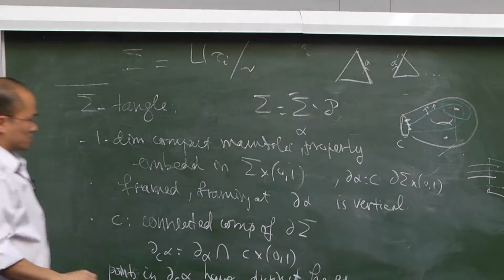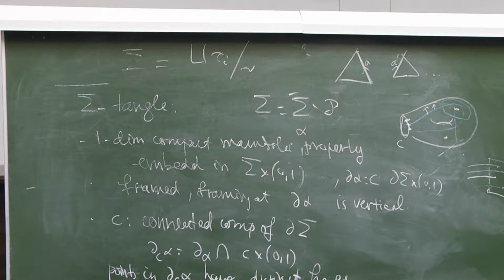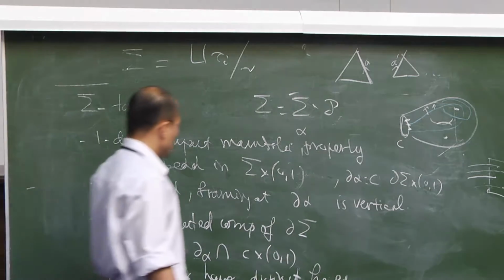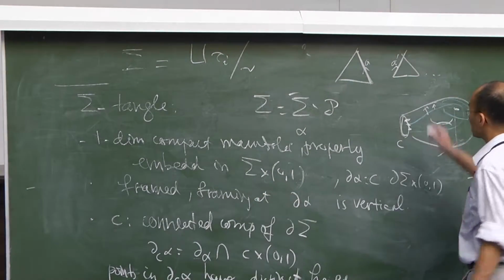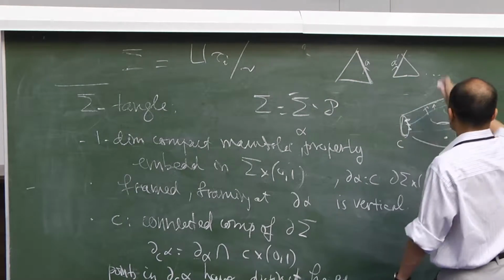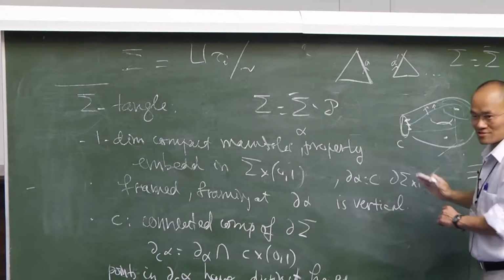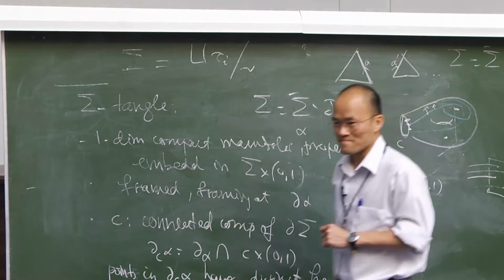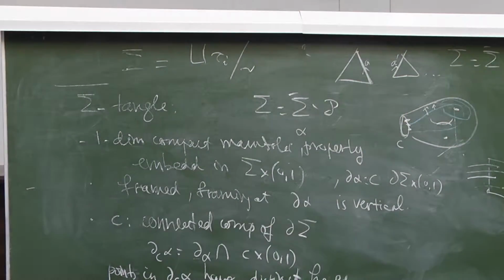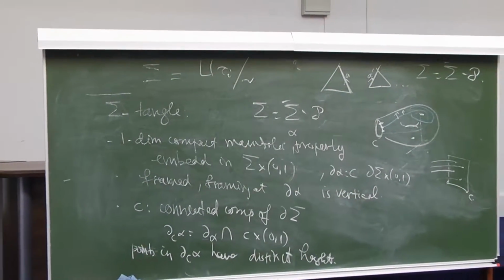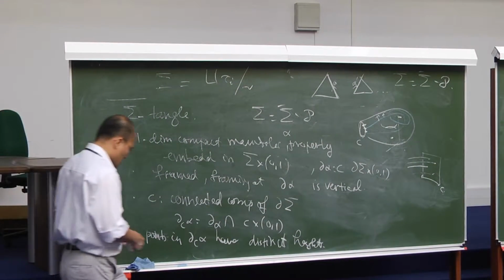And this is very important in the consideration. C is a connected component of the boundary of sigma minus P. Sigma here is already sigma bar minus P, so by default, P is not part of sigma. But you're right. So we have different heights here.